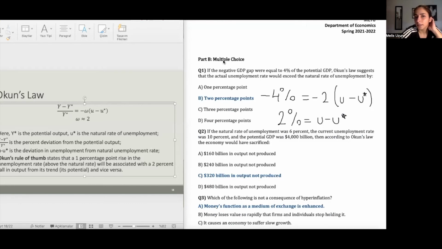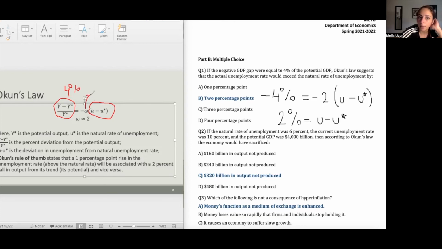So let's look at multiple choice question 1. It asks us, if the negative GDP gap were equal to 4% of the potential GDP, Okun's law suggests that the actual unemployment rate will exceed the natural rate of unemployment by what percent? So Okun's law is this. The question gives us that this is equal to negative 4%, and it asks what this part is: actual unemployment rate minus natural rate of unemployment.